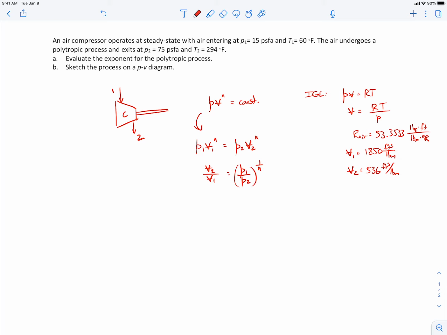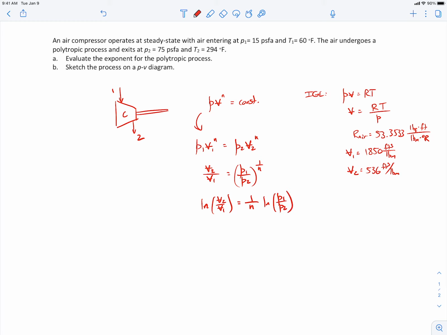Just double check that that makes sense. Yeah, so we have that, and now to figure out what n is, if you take the natural log of both sides, what you'll get is the natural log of v2 over v1 is equal to 1 over n times the natural log of P1 over P2.